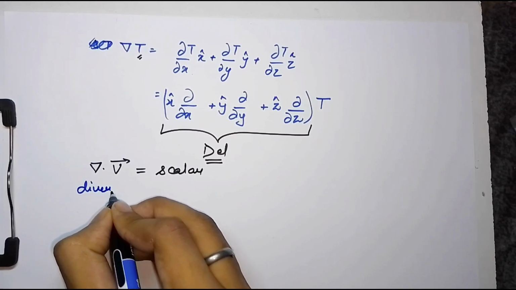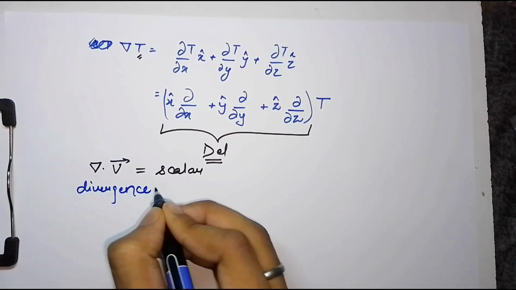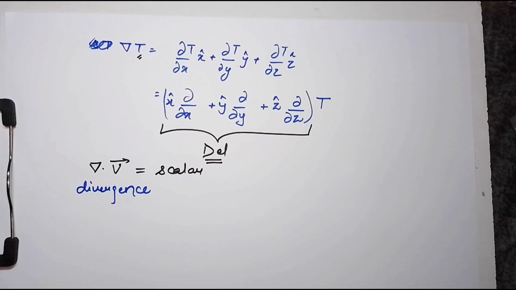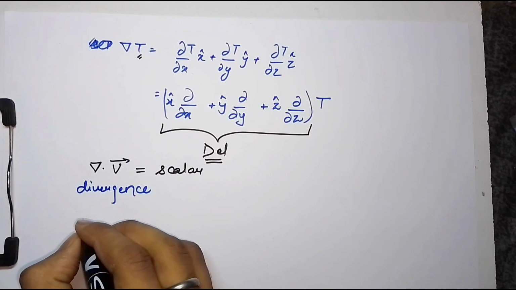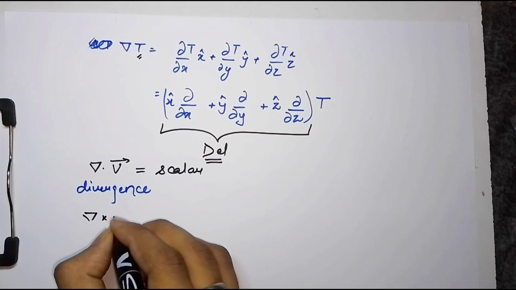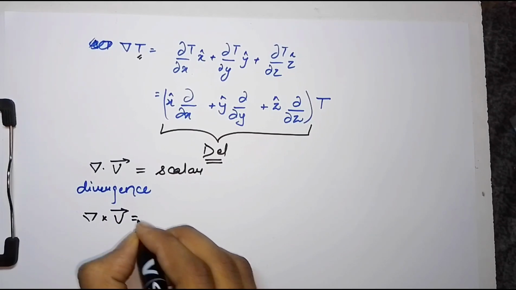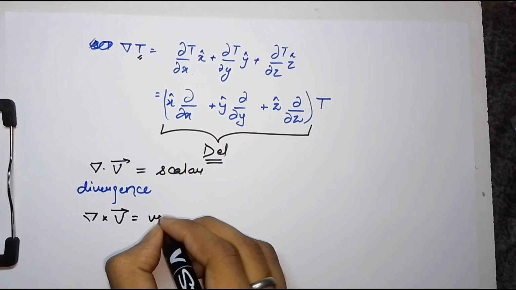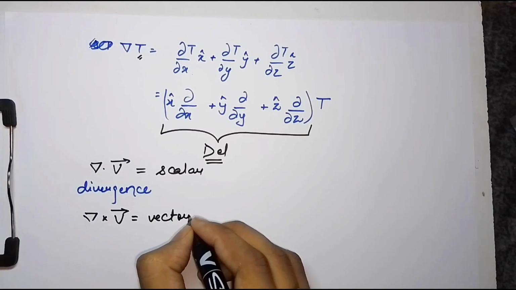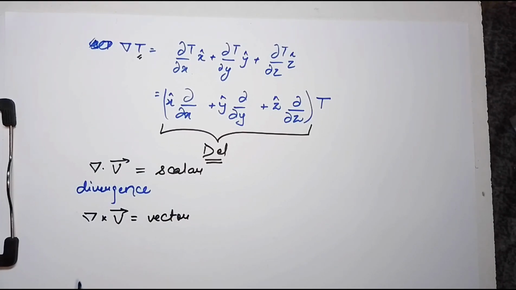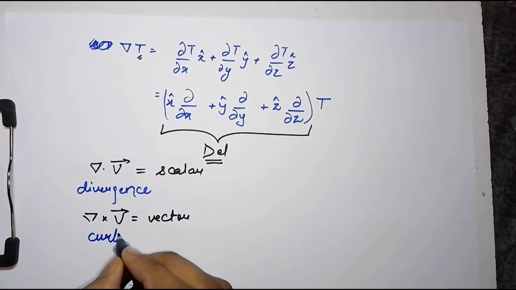This gives us the divergence of vector v. In a similar way, if we take the cross product of any vector v with this del operator, then it would definitely give us a vector. And what does this vector give? This vector gives us the curl.